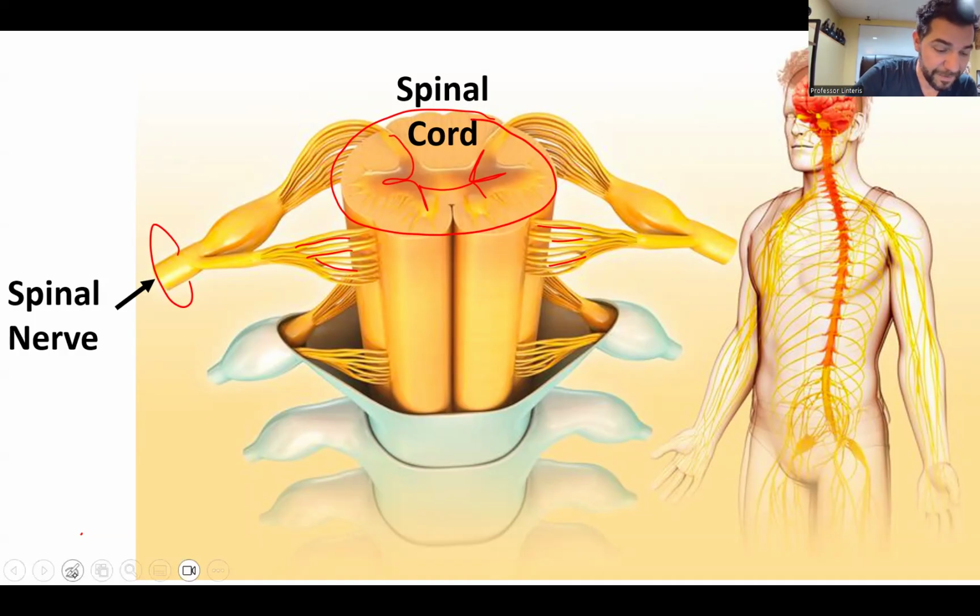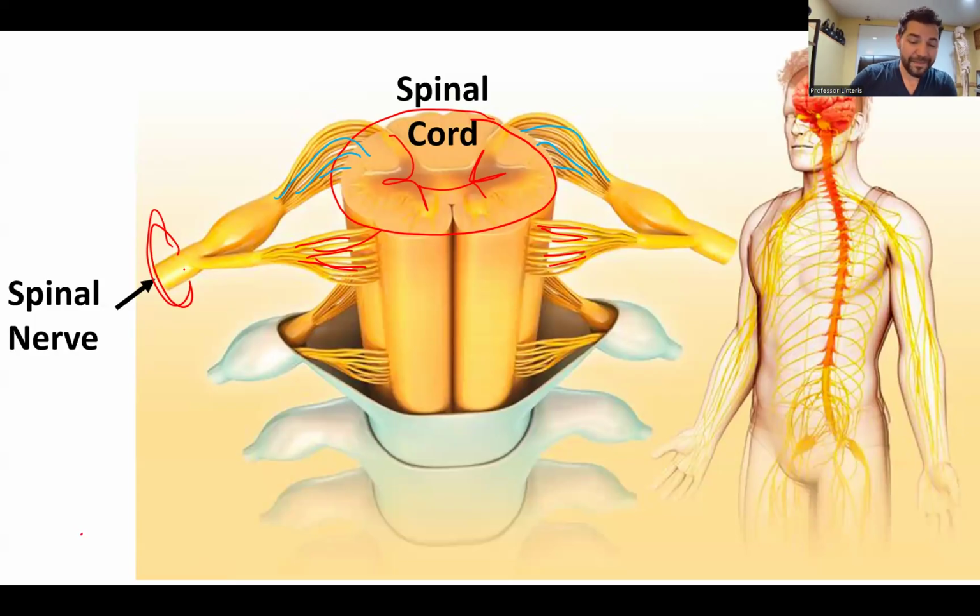To simplify this before we get to it, the sensory messages go in the back, and the motor messages come out the front, both of which travel through the highlighted spinal nerve. Right, so we'll dive into that. I'll explain all the parts, and we also talk about it in lab to dive further into it.